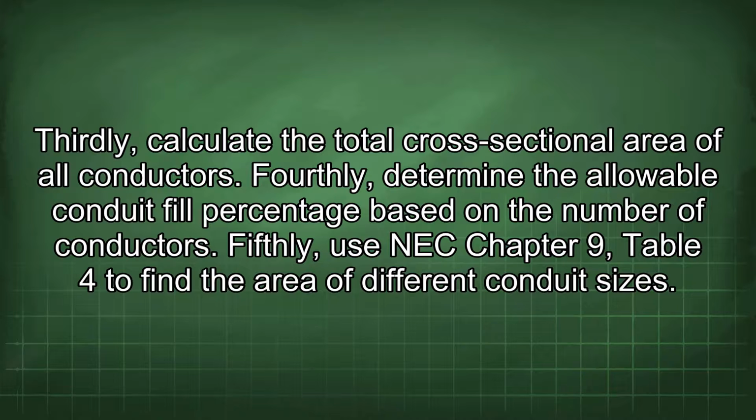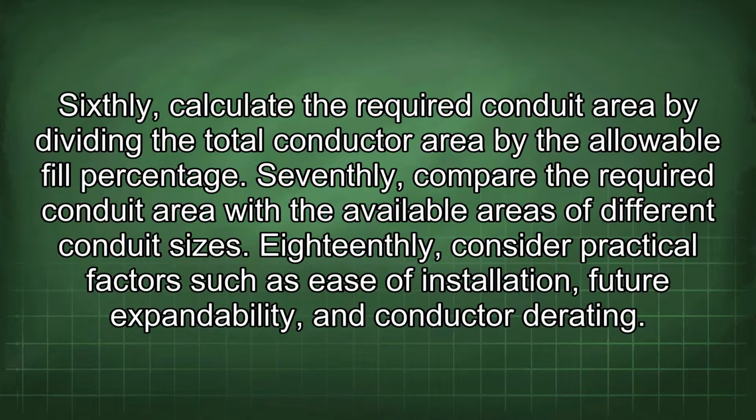Fifthly, use NEC Chapter 9, Table 4 to find the area of different conduit sizes. Sixthly, calculate the required conduit area by dividing the total conductor area by the allowable fill percentage. Seventhly, compare the required conduit area with the available areas of different conduit sizes.